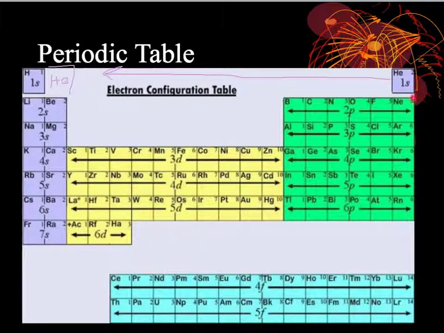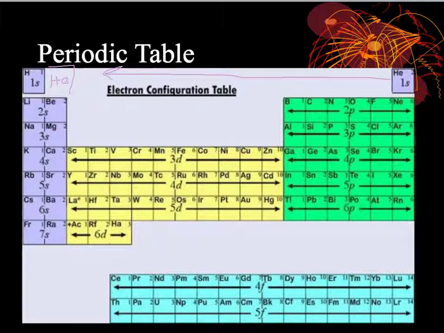Then I'm going to come over here to the green area. The green area is called the p block. That means that when you're in that area, you're going to start to fill up the p orbitals. Remember, those are your petal-shaped ones. So we're going to fill up our spheres and then move on to the petal shapes. Well, I talked about neon a second ago, so we'll talk about neon again.